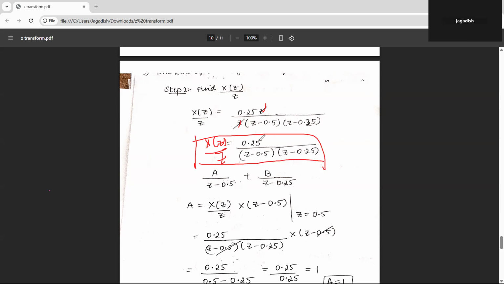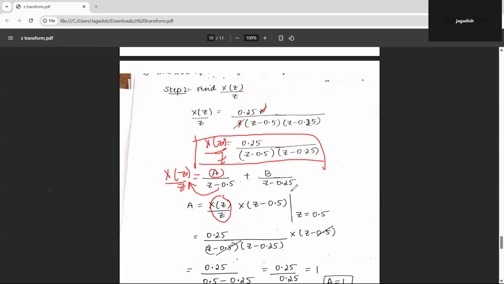So now I will be applying partial fractions. For that, X of z divided by z will be there. To solve for A, what I have to do? I take X of z divided by z and multiply it with (z minus 0.5).